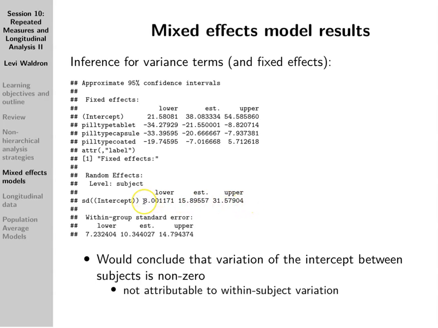So from this, I would say that there is evidence of variability between patients that is not adequately explained by the random within patient variability. And this is that standard deviation of the residuals that was estimated to be 10.34, and we also have a confidence interval on that.